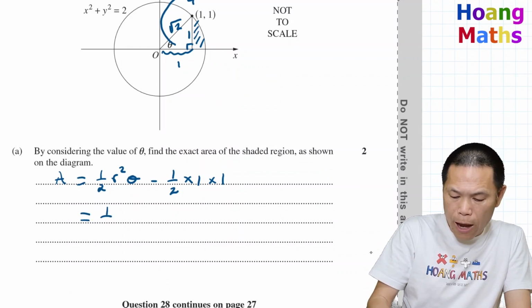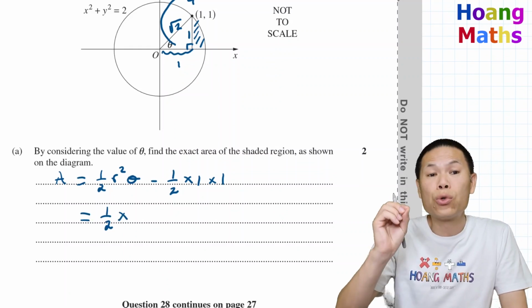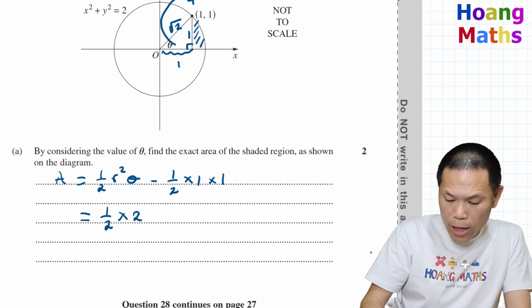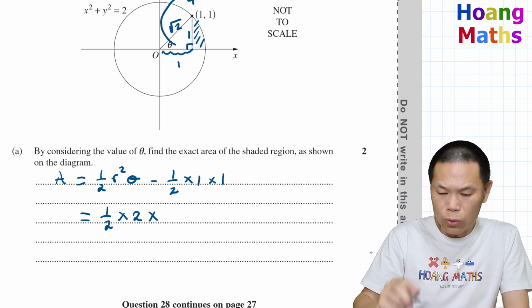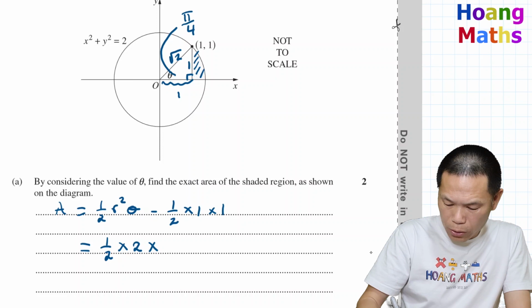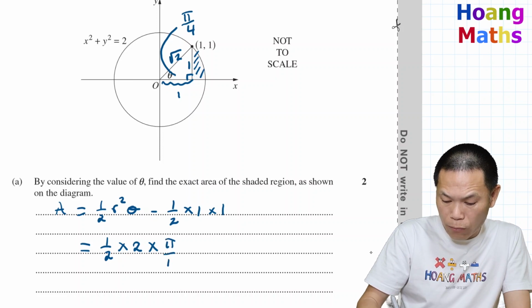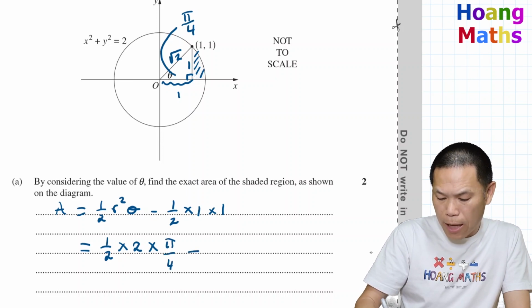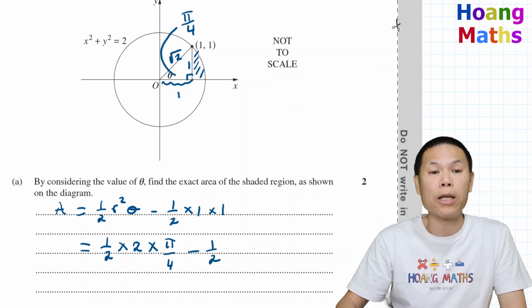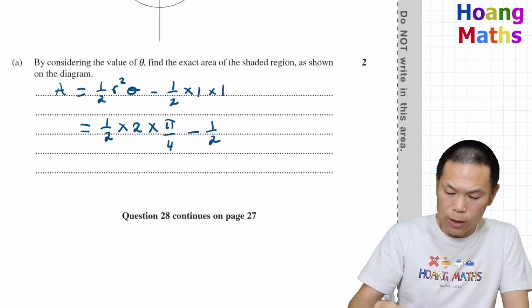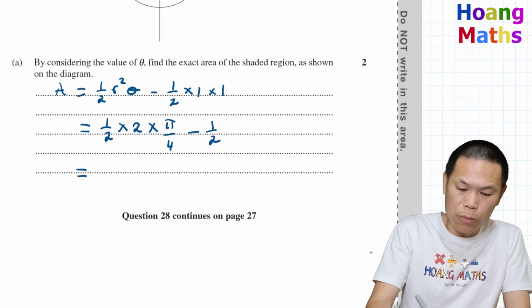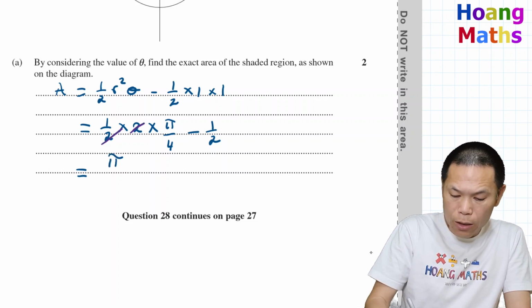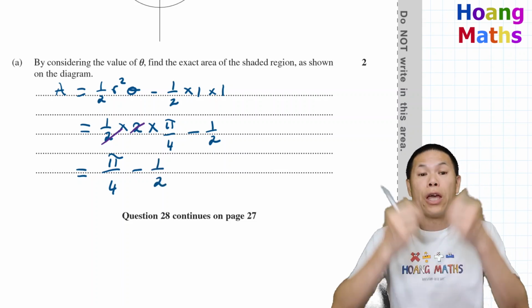So that becomes a half times root 2 squared, which gives 2, and the angle theta is pi over 4, so times pi over 4. And we minus a half, because 1 times 1 is 1, and then a half times 1 is a half. So that gives me pi over 4 minus a half.